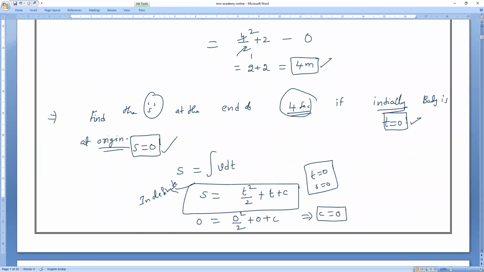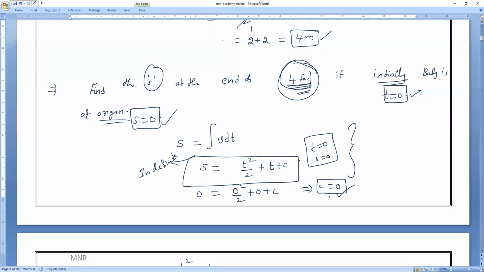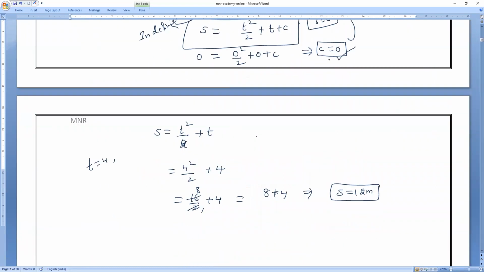Be very careful: we have to find the value of C in the given function before substituting the given data and starting the numerical. Are you clear, everybody? That is what you have to remember. Any doubt in this? Clear? Okay, right, next.